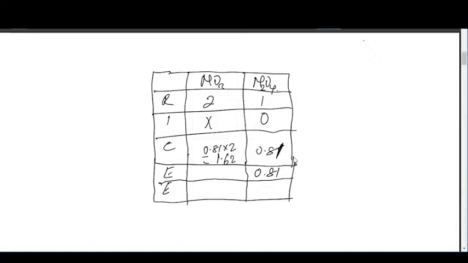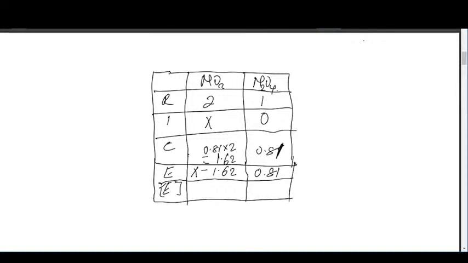Now I need to know the number of moles which remained at equilibrium, but I started with x. Therefore, I'm going to say x minus 1.62. Those are the number of moles which remained. So now, what is the concentration at equilibrium?